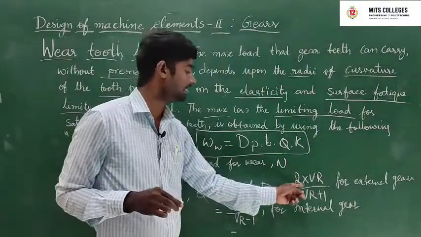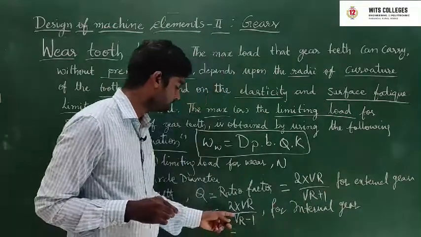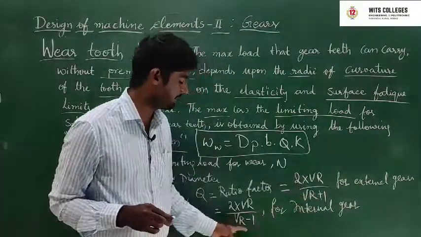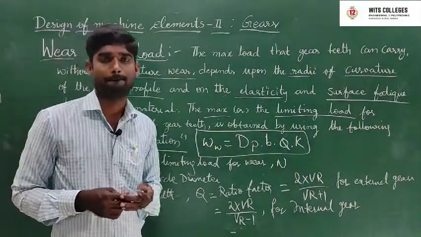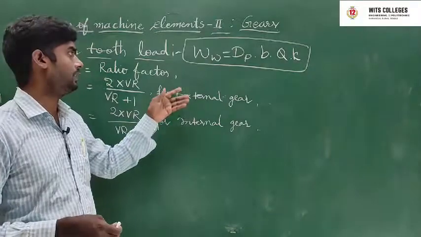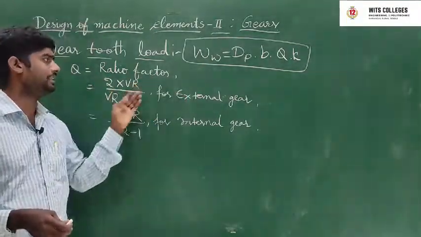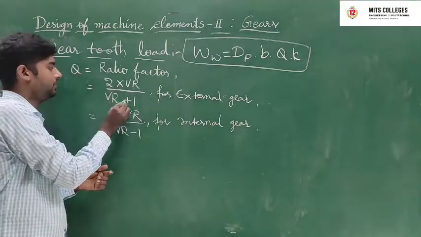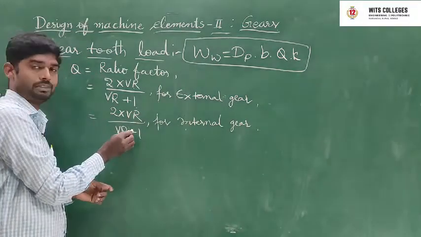For external gears, 2 into VR by VR plus 1. For internal gears, 2 into VR by VR minus 1. This is the difference, plus or minus only.